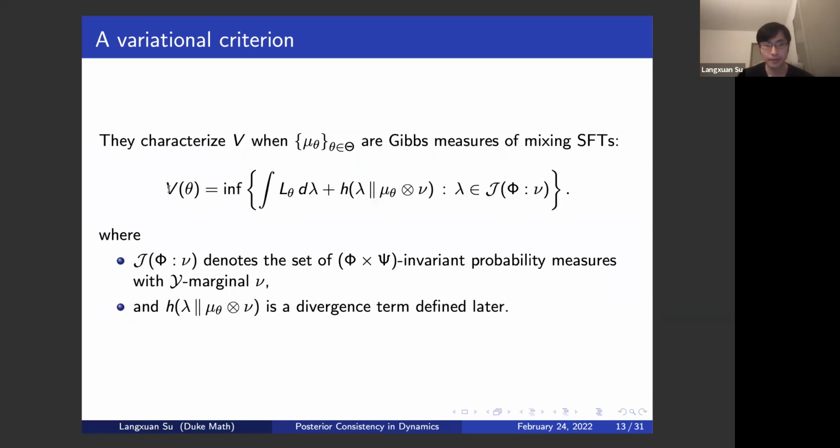If you input a theta to this function v, then it's equal to the infimum of the integration of the loss function at theta with respect to some measure, plus some divergence term of the measure with respect to the product measure of mu theta and nu. This is minimized over all the possible invariant measures of the system X and Y.